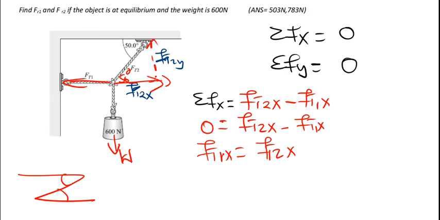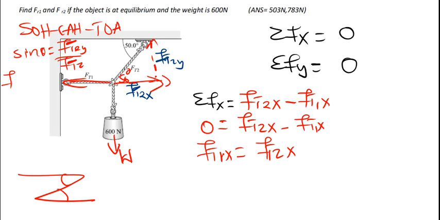Using SOHCAHTOA, I can clearly see that for sine for FT2, sine theta will be equal to the opposite, which is FT2y, divided by the hypotenuse, which is FT2.